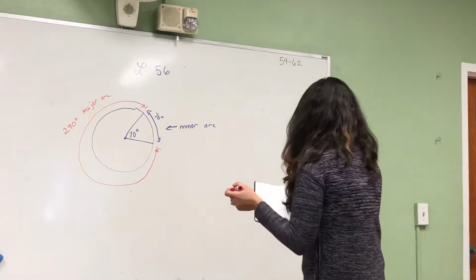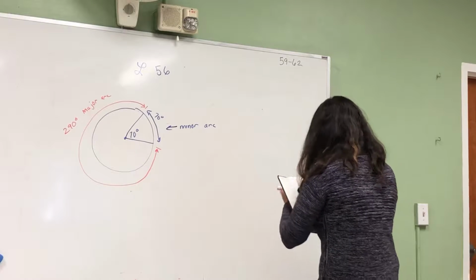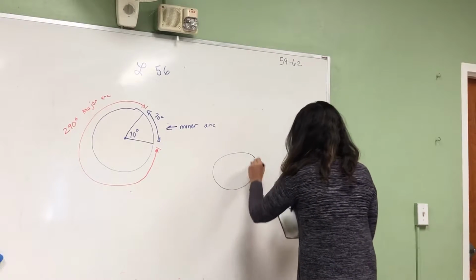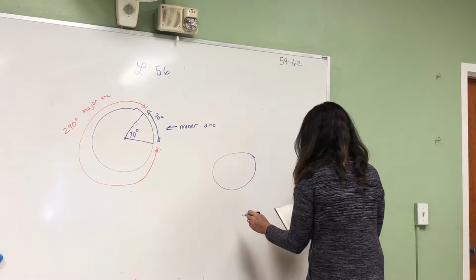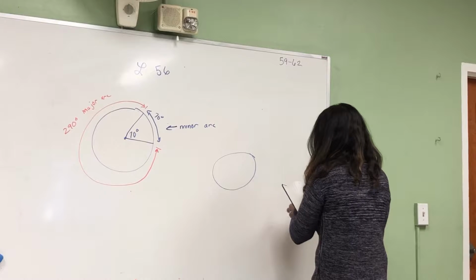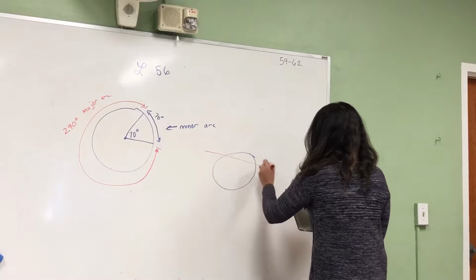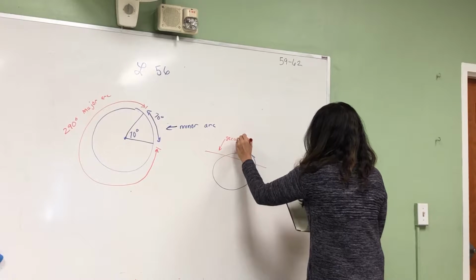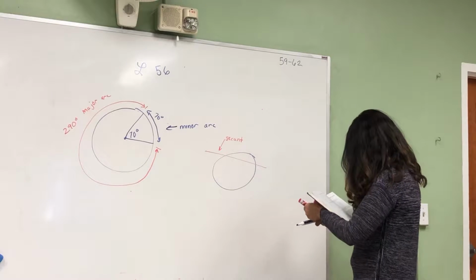Okay, no biggie. Also, with the circle, we have three words that we are going to be using a lot. Oh, that's a pretty bad circle. We have a secant. A secant goes through the circle.